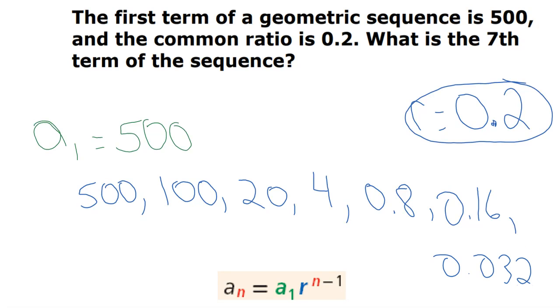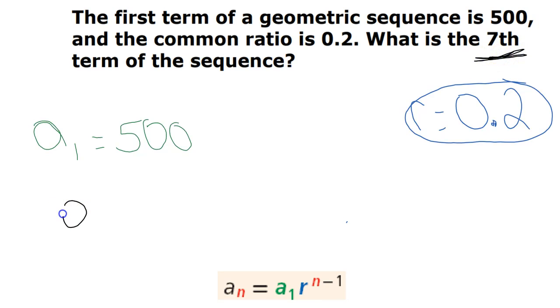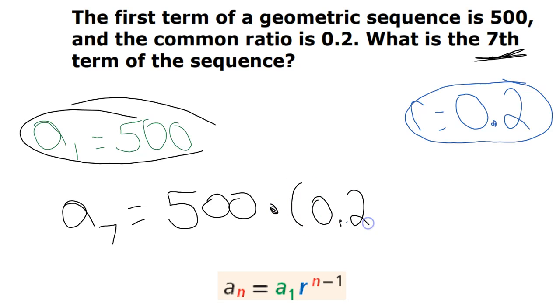Now, we can do it like that. We can write it out that way, but it's much simpler to just use our function. So if I look at this, according to my function here, A of n, well, n is the 7th term, so I would say A of 7 is equal to A of 1, which is 500, times my ratio, which is 0.2, raised up to the n minus 1 power.